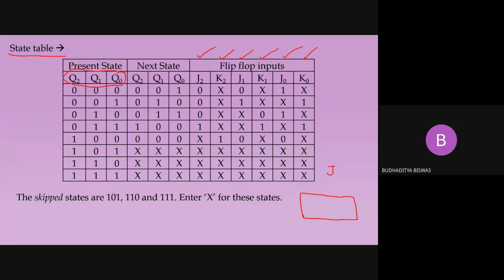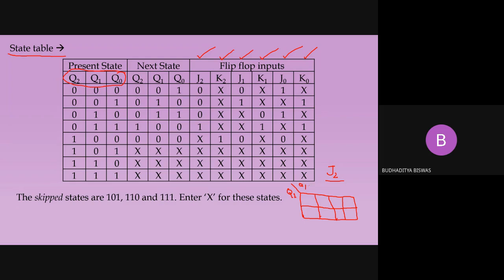J2, okay. So I want to find out the expression for J2 using the K-map. This is a 3 variable K-map, so 8 cells should be there. And as I mentioned, the present state must be the input of the K-map, so this is Q2 and that is Q1 Q0.